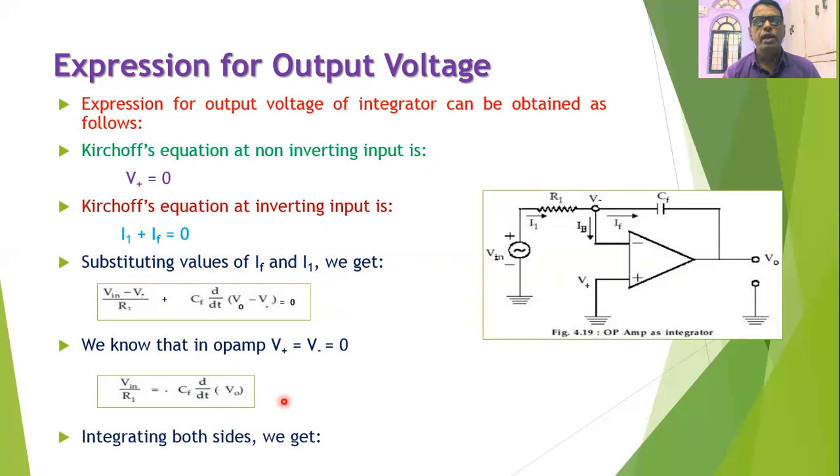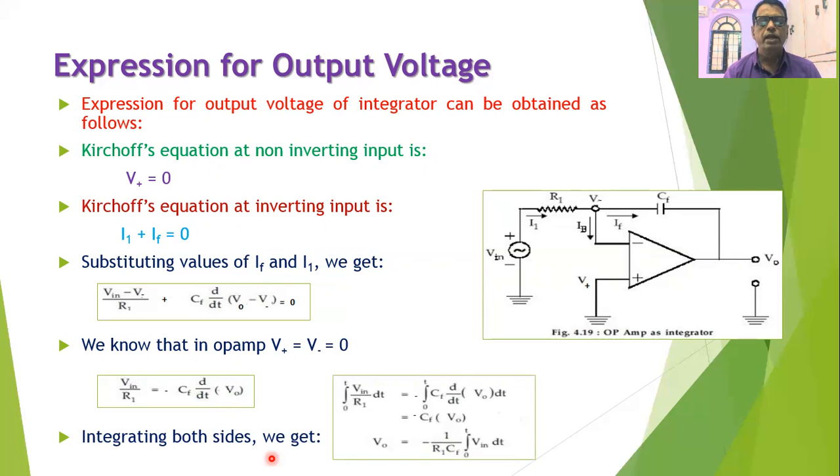Now we can integrate both sides of the equation. When we integrate both sides, we can write the integration of V in divided by R1 into dt is equal to minus the integration of CF into d by dt of VO into dt. But integration and differentiation are opposite operations, and therefore they cancel each other. And therefore the right hand side can be written as minus CF into VO.